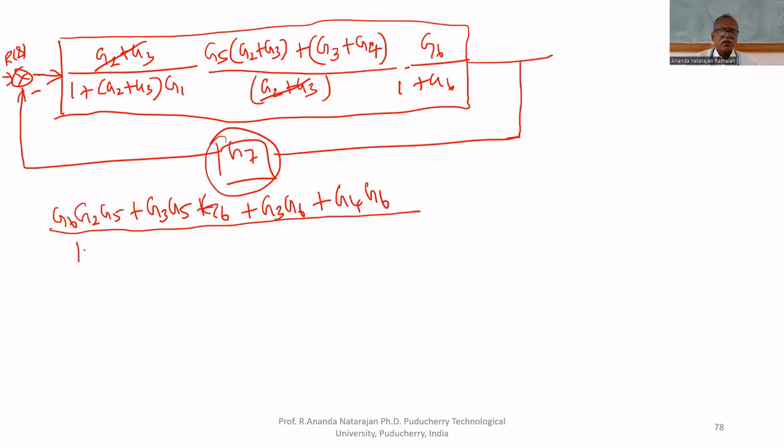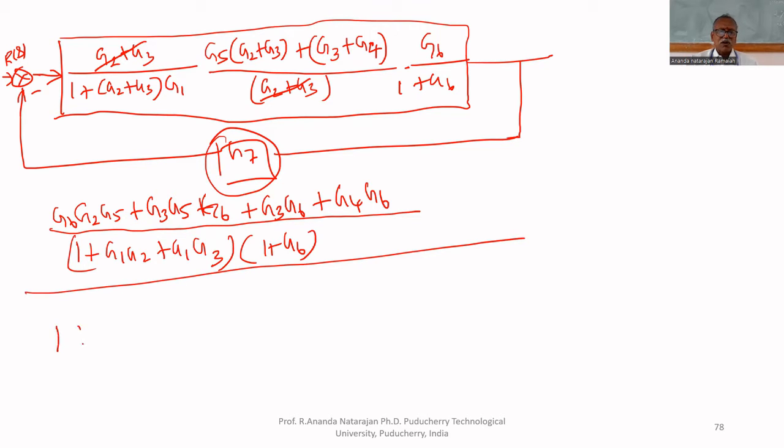Then in the denominator, what will you have? 1 plus G1, G2 plus G1, G3, multiplied by 1 plus G6. So I am applying the 7th rule. That's why 1 plus negative feedback. Here negative feedback, that's why 1 plus.